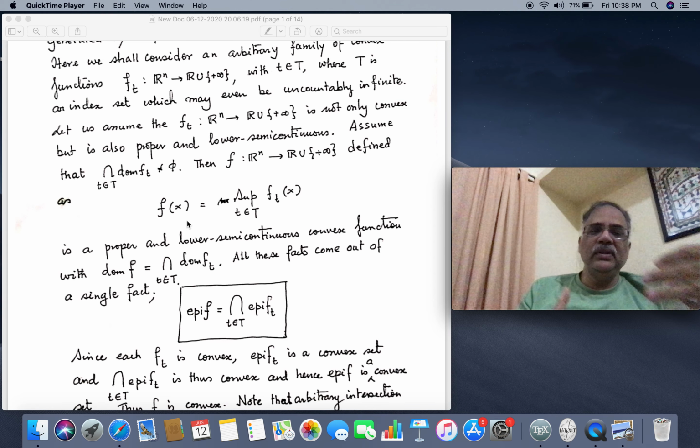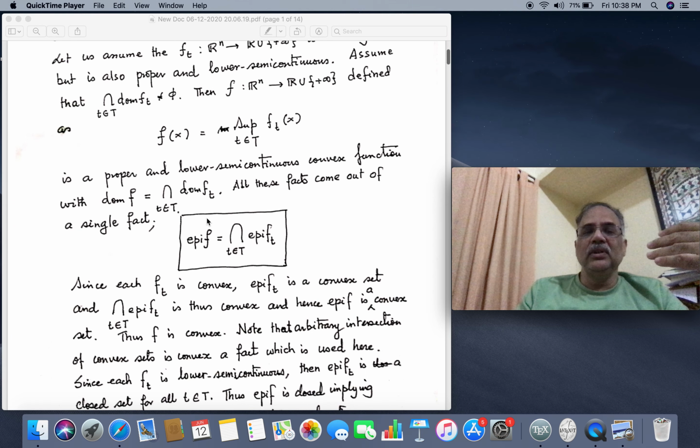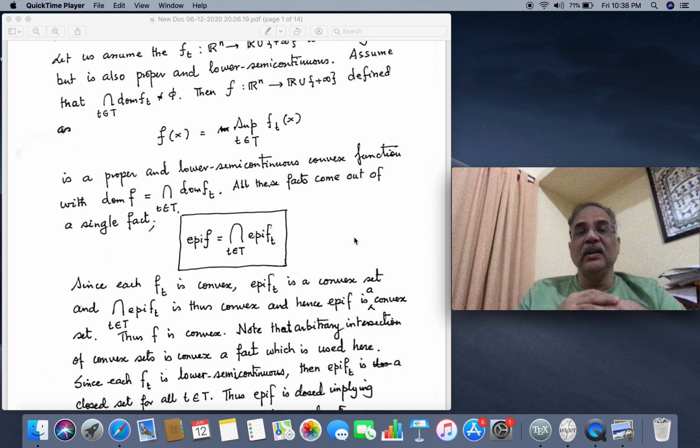So this whole thing comes out of this simple fact that the epigraph of f can be expressed as the intersection of the epigraphs of f_t, where t varies over the index set capital T. Now because each f_t is convex, the epigraph of f_t for each t is convex, so their intersection is convex because the intersection of arbitrary convex sets is convex.